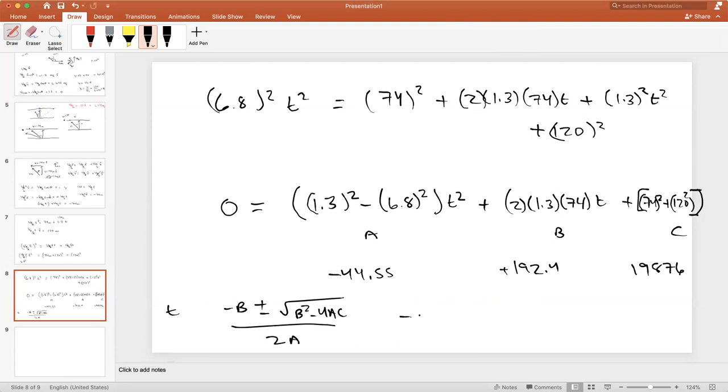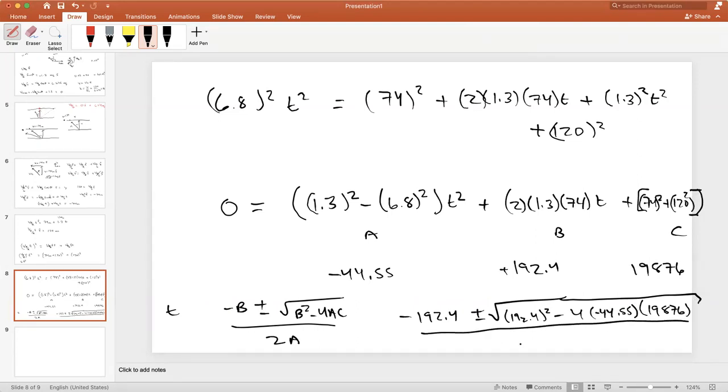And when I do this, I get negative 192.4 plus or minus the square root of 192.4 squared minus 4 times negative 44.55 times 19,876. All right, that's my A, that's my C. These negative signs become positive, and I put it all over 2 times 44.55 with a negative sign. So I'm going to do that square root real fast: 192.4 times 192.4 plus 4 times 44.55 times 19,876.